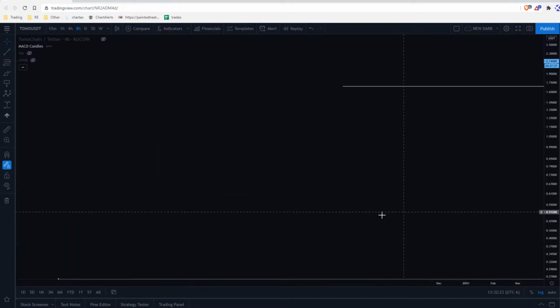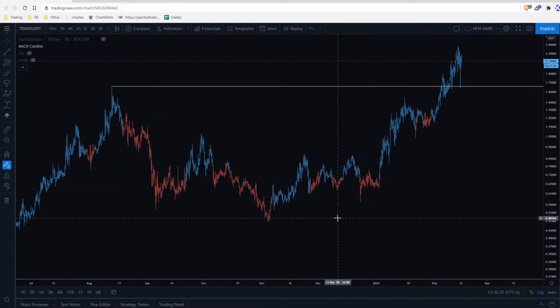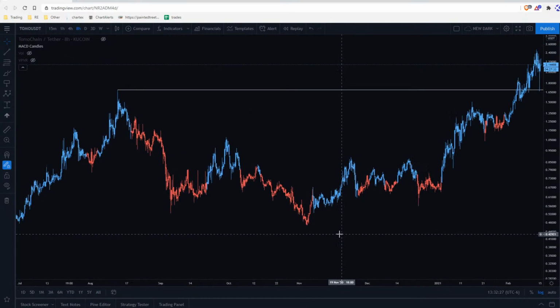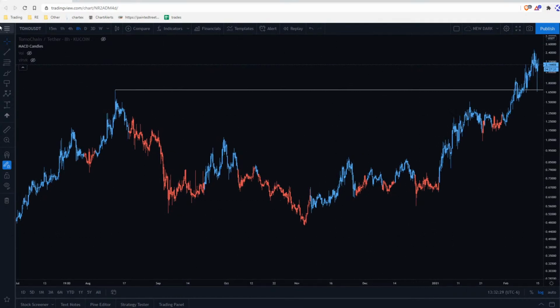I'm going to go down a little bit lower here. And this gives us a nice accumulation range right in here. I like this as our range low.